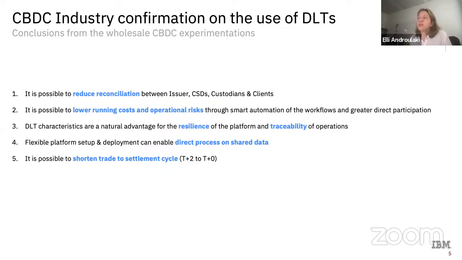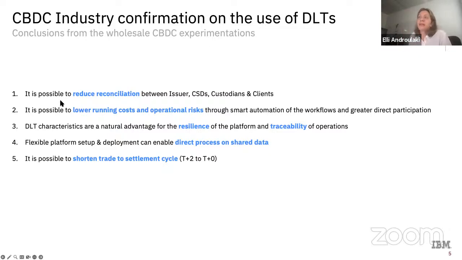Because of the combination of the distribution of trust and a high degree of resilience and transparency, one would argue that it unlocks the ability to leverage smart contracts in order to automate the processes.